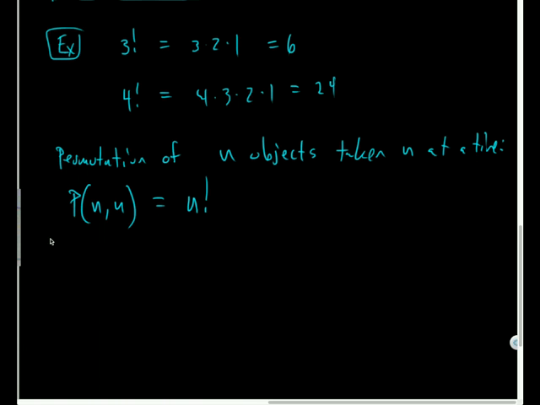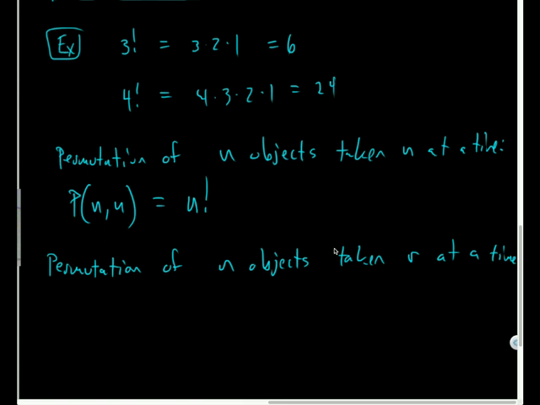So that kind of works out nicely. Whereas the permutation of n objects taken r at a time, let's see, barely fits, will be P of n comma r, which is defined as the formula n factorial divided by n minus r all factorial.